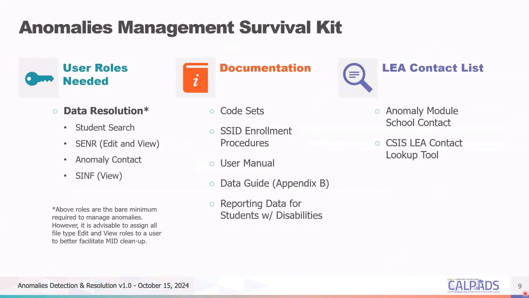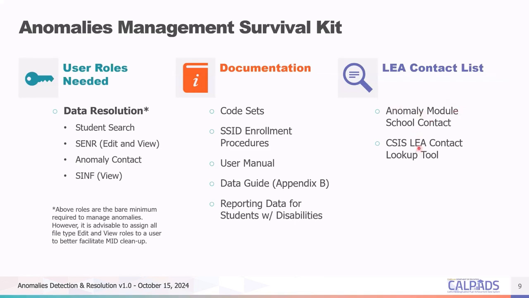All right. And then, of course, you need to be added to the anomaly contact list, right? So for LEAs to contact you, there are two ways to put your name out there in the open. First is to assign yourself the anomaly contact role.